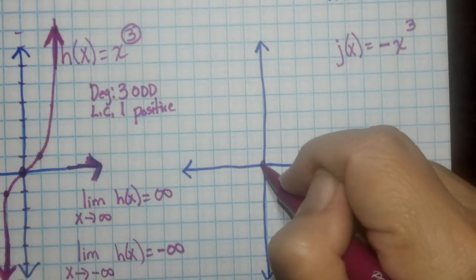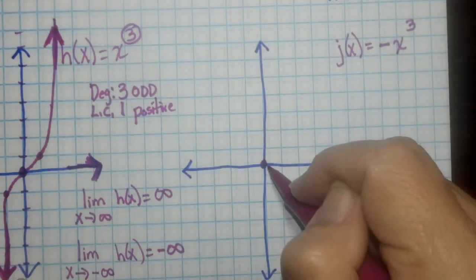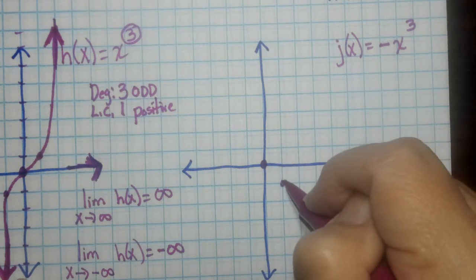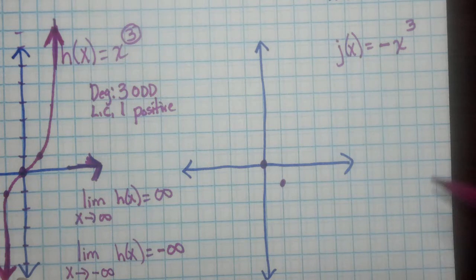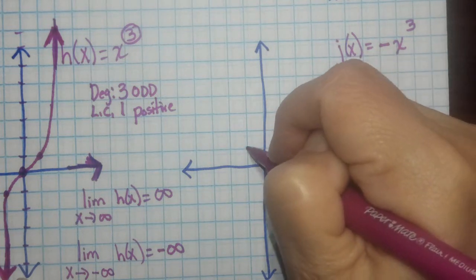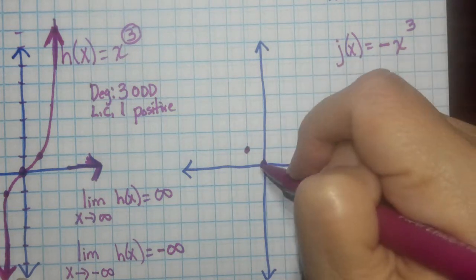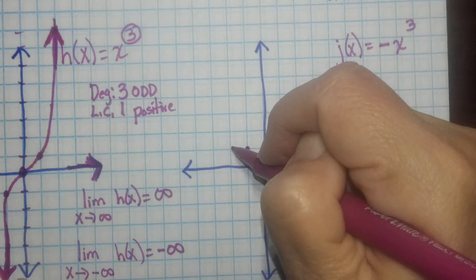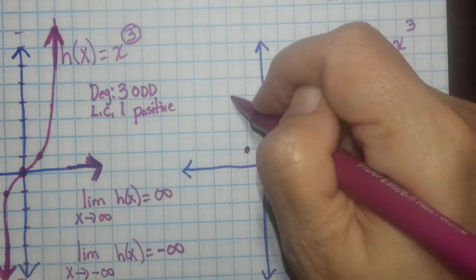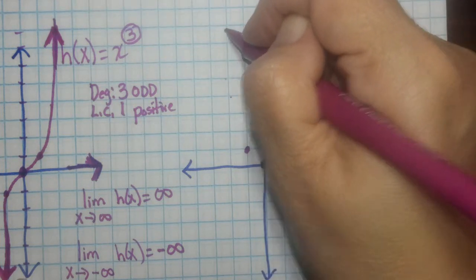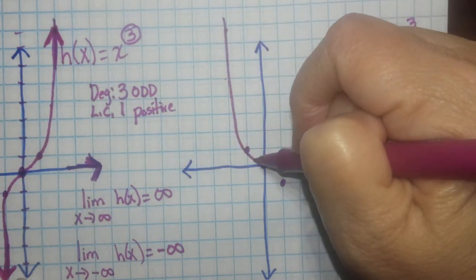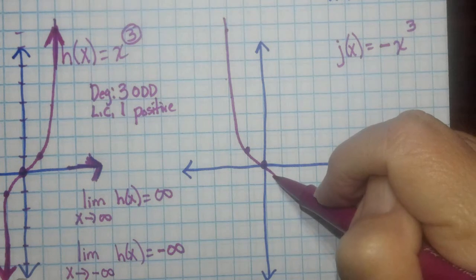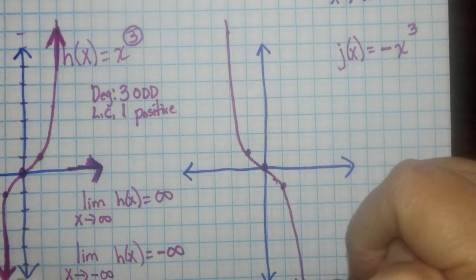So it's going to go through 0, 0, but it's going to go through 1, negative 1, and then 2, negative 8 down there, and then negative 1, 1, and then negative 2, 8. So it comes in here, curves, comes like this.